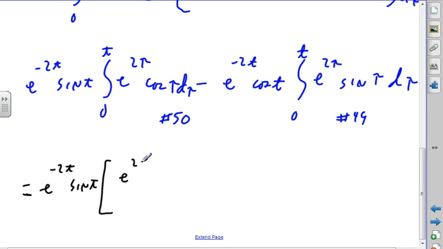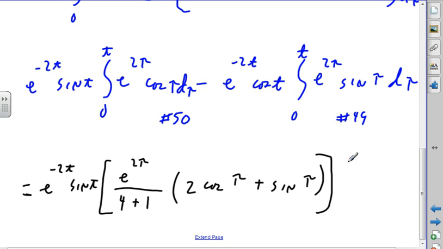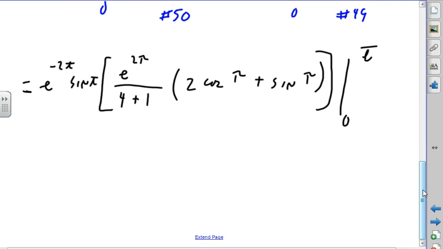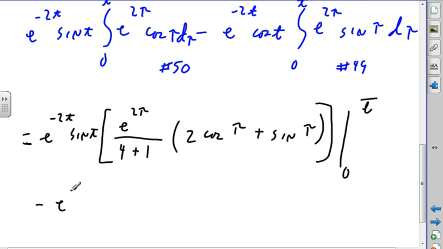That's e to the 2 tau divided by a squared, which is 4, plus b squared, which is 1, times a, which is 2, cosine of b tau, where b is still 1, plus b, which is 1, sine tau, evaluated at 0 and t, minus e to the minus 2t cosine t.